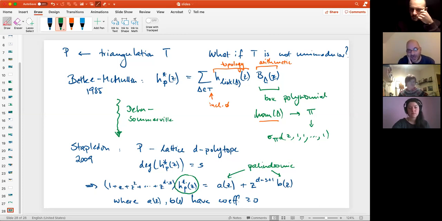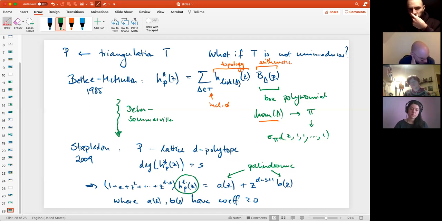Well, that does not mean that A and B have to have non-negative coefficients, correct? It might be there's some combination with some positive and some negative coefficients. And so Stapleton's theorem is stronger than Stanley's theorem. To say that A and B are non-negative is stronger than saying H star is non-negative.